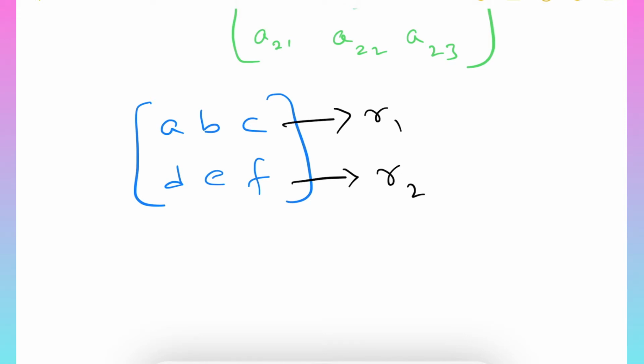So 2 cross, how many columns are there? This is column 1, this is column 2 and this is column 3. So total 3 columns. Then the order of the matrix is 2 cross 3 or 2 by 3. 2 rows, 3 columns.